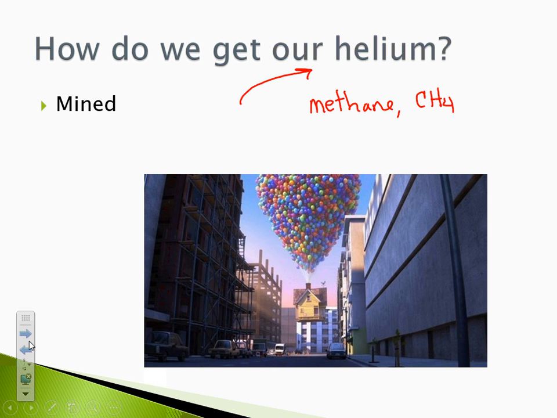They have a process where they can separate the helium from the methane. Helium is a non-renewable resource that we use in lots of places, such as MRI machines. You probably know it as balloons, but that's a recreational use. It's used for cooling, magnets, and other apparatus.